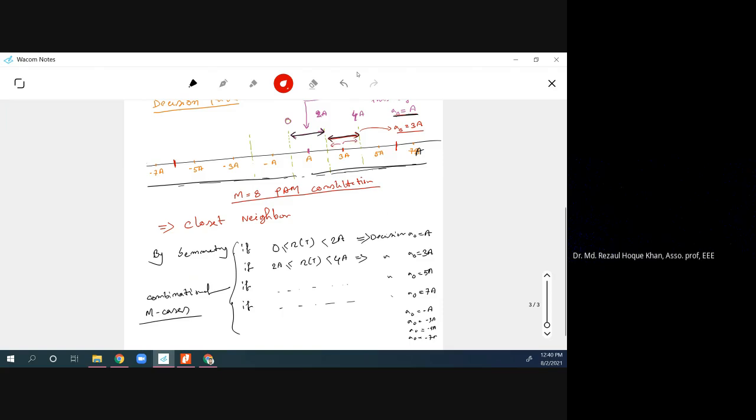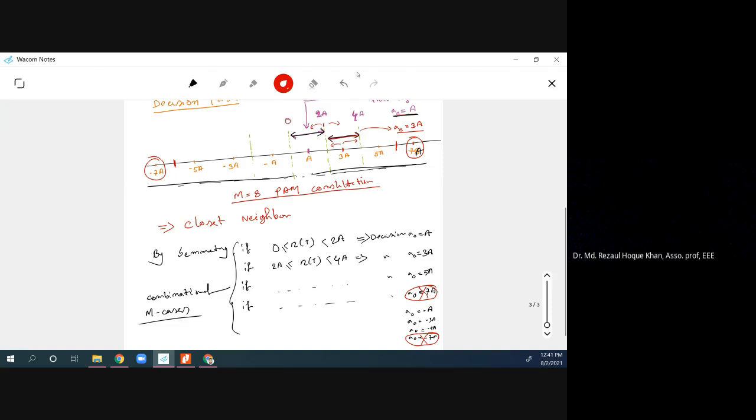So every point has two constellation neighbors, except the last one, 7A, and minus 7A, which is actually the end point. For these, the rules are not valid. There have to be different rules, because all the other points have two neighbors.